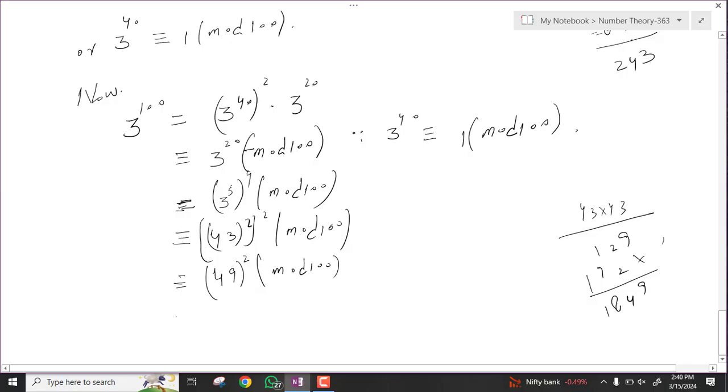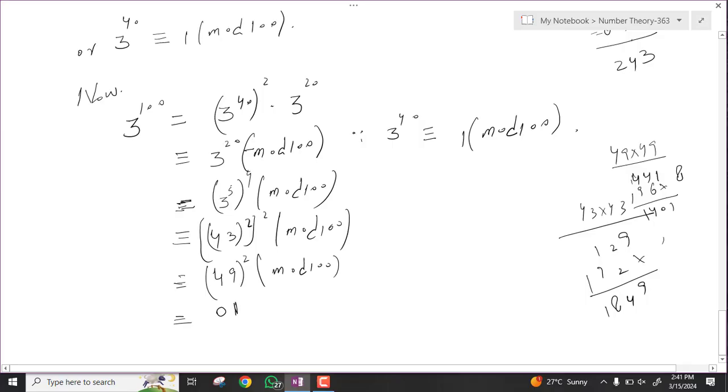So this is equal to 49 squared, which is 49 into 49. 9 nines are 81, 9 fours are 36, and so on, giving 2401.